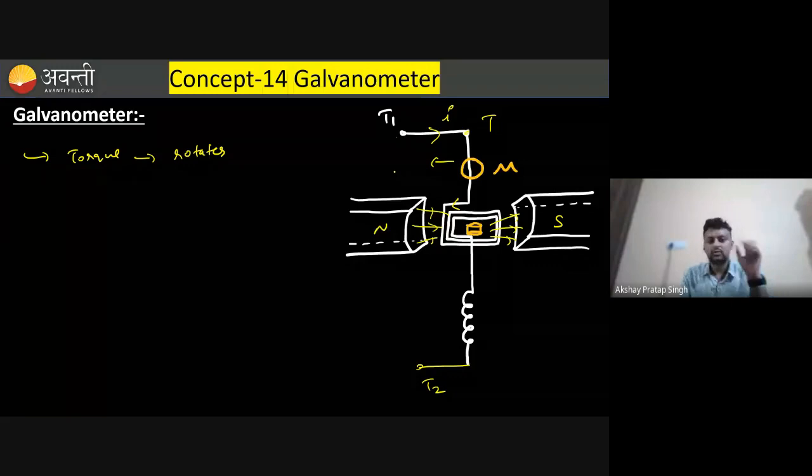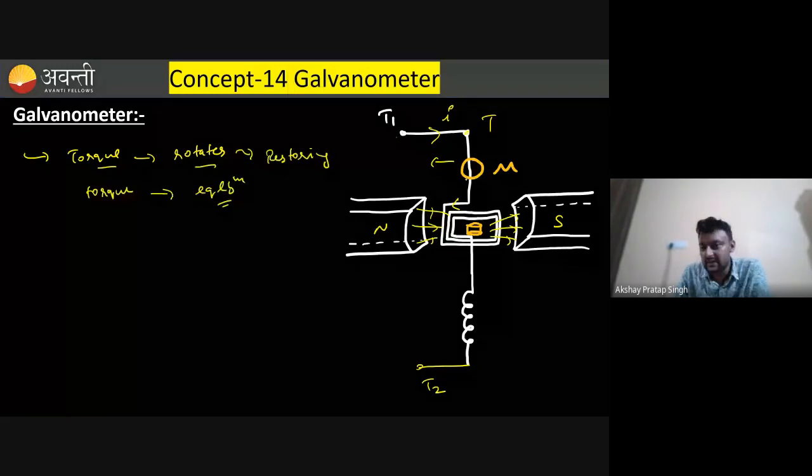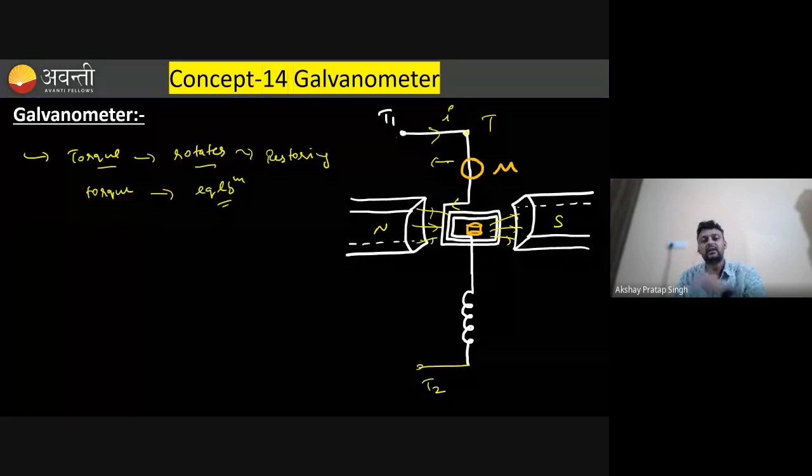At the same time, this mirror which was attached to the strip will also rotate when the strip rotates, and the image is formed at some other point, and you can clearly judge that there is some current, because only if there is current will the mirror rotate and the image be shifted.